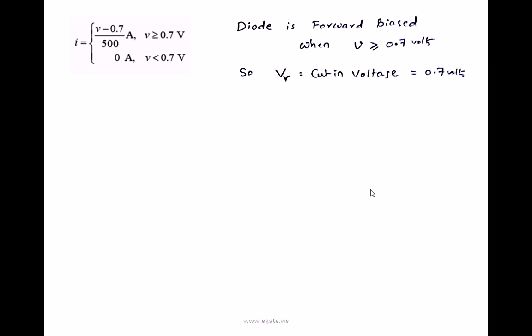And from this VI characteristic, we can say that it has finite forward bias resistance. So we are getting two important points from this equation: one is V gamma, the cut-in voltage, is 0.7 volts, and it has a finite forward resistance.